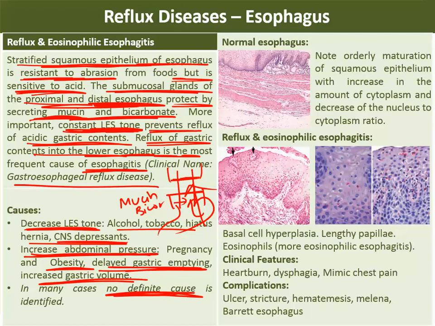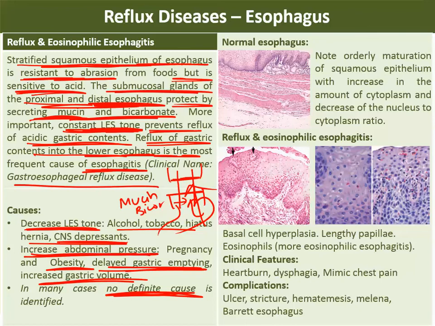Hiatus hernia, I will discuss. The hiatus hernia means the esophagus has an opening in the diaphragm, so the esophagus enters into the abdominal cavity. This is called the diaphragmatic crura. If the diaphragmatic crura is weak, some part of the stomach herniates into the chest.